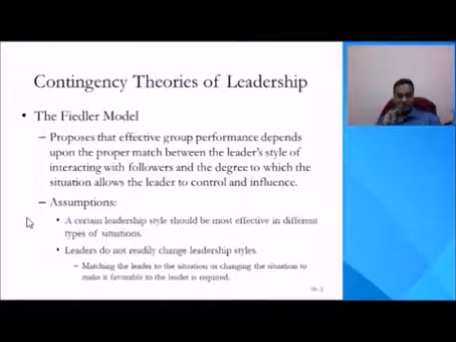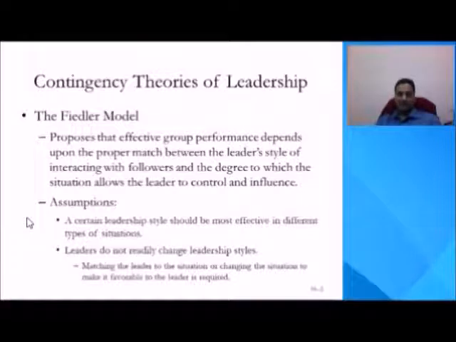What the theory says is that we are dealing with performance. The performance would depend on the leader's style as well as whether that leader's style matches with the followers as well as the situations. So the assumption is that certain leadership styles would be more effective in certain situations.